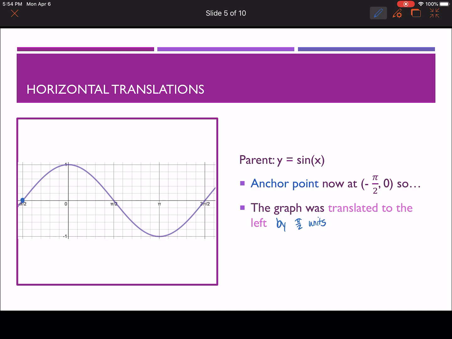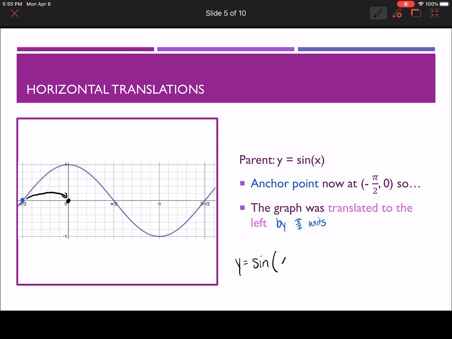And these translations, while they look a little bit different because now all of a sudden there is a pi involved in them, and this technically is in terms of radians, these translations really don't do much to change how our equation was written from before. We are going to continue to think about this as, how do I go from this point back to where I should be on the parent function? How do I do that maneuver right there?